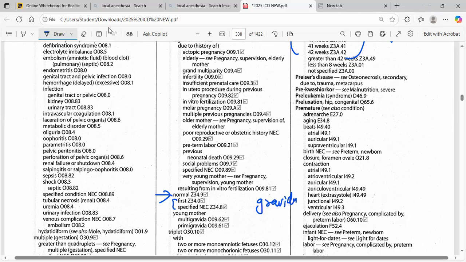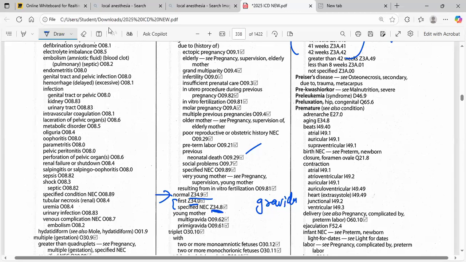If it is first gravida, first baby, you are going to pick code Z34.0. If it is anyone other than first, second, third, fourth, fifth, anyone other than first, you are going to use Z34.8. If the gravida is not documented and you are unable to determine whether it's the first pregnancy or any other pregnancy, you are going to use code Z34.9.